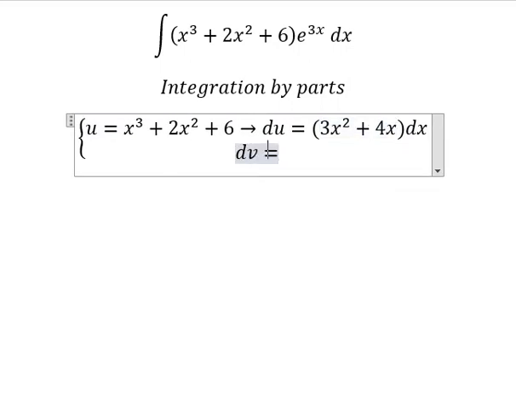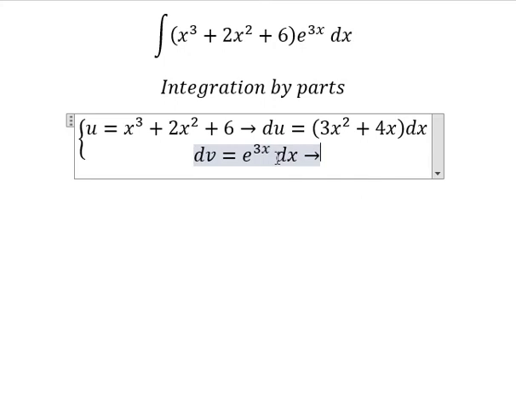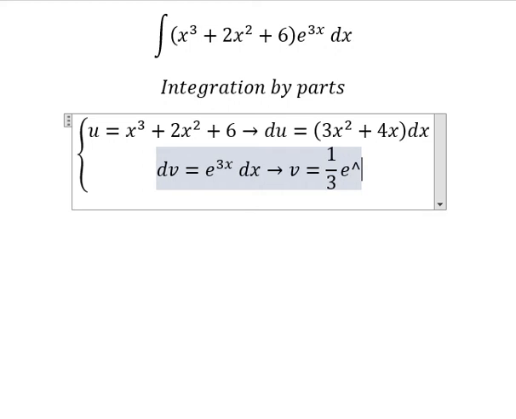Now we have the v. I will choose this one. The integration of this one, we get v equals to 1 over 3 e to the power of 3s.